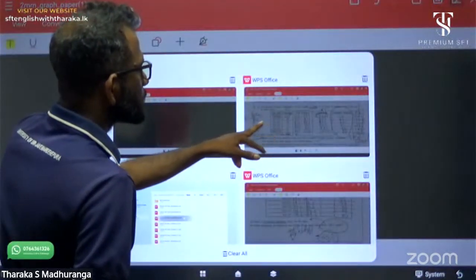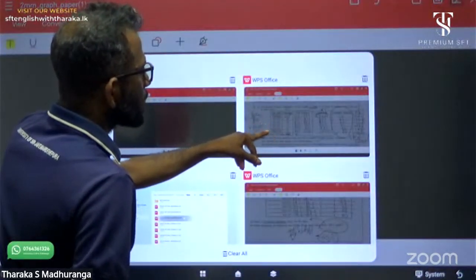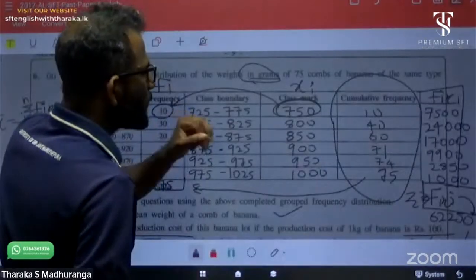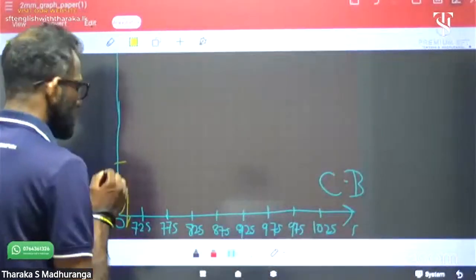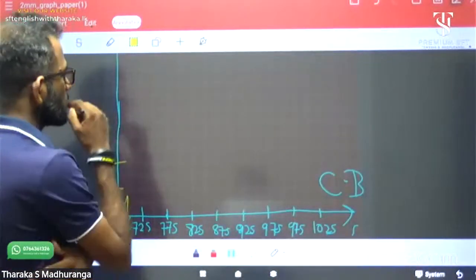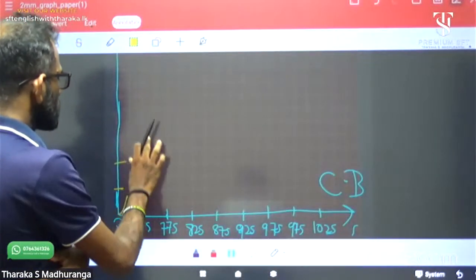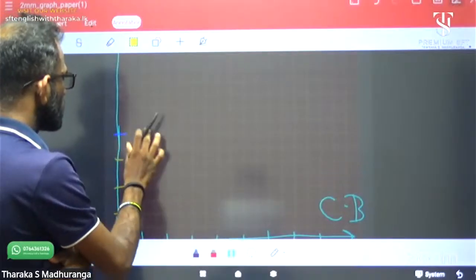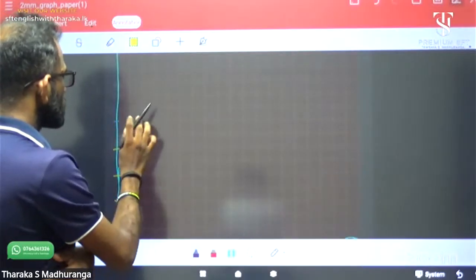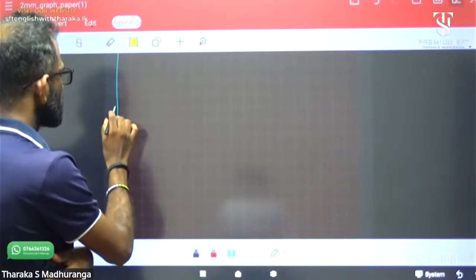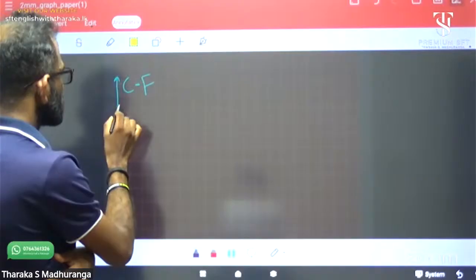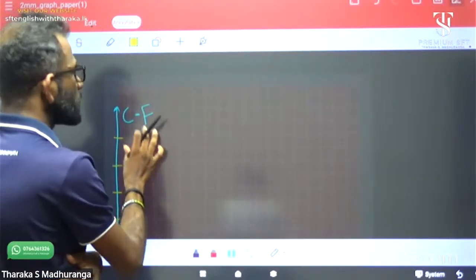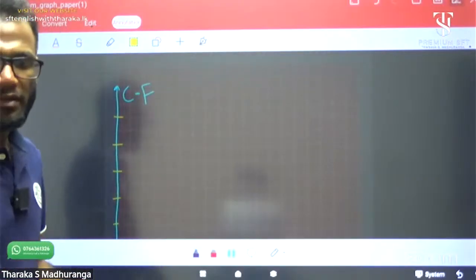What's the maximum cumulative frequency? 75. Okay, what's the best scale? 1, 2, 3, 4, 5, 6, 7, 8, 9, 10. We can get only 10.